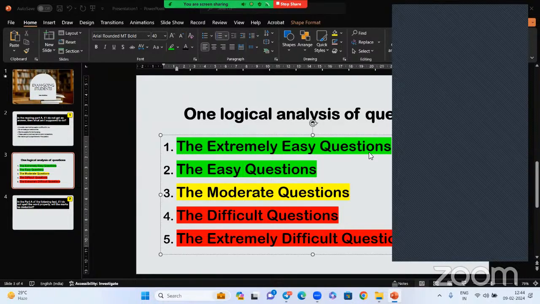On the spot, you get the answer without a second go, just within a click of a second. And the next, the easy questions, you need to think for a second. If you just think for a second, you'll get the answer. So do you identify the difference between think for a second and without thinking for a second, Avil?